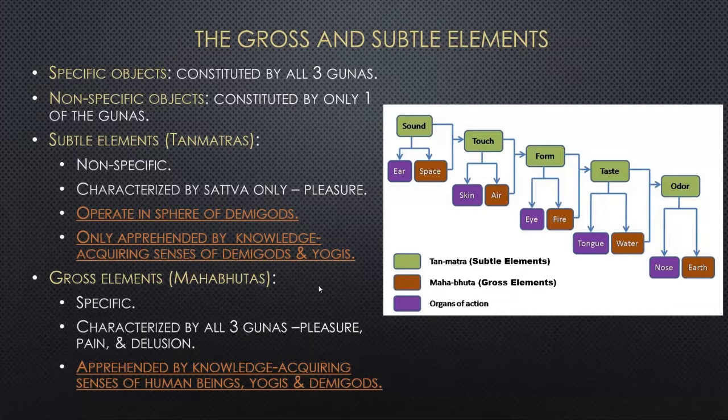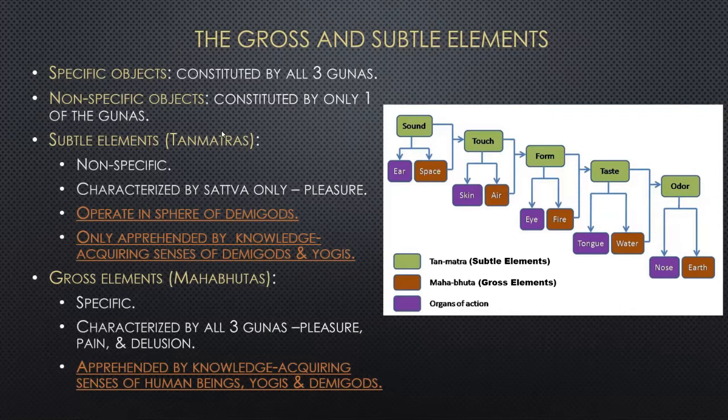So here we have the solution to why we can't see these other realms in some sense: we are only able to perceive these gross elements, while the demigods, and even the yogis, are able to perceive the subtle elements, the tanmatras.